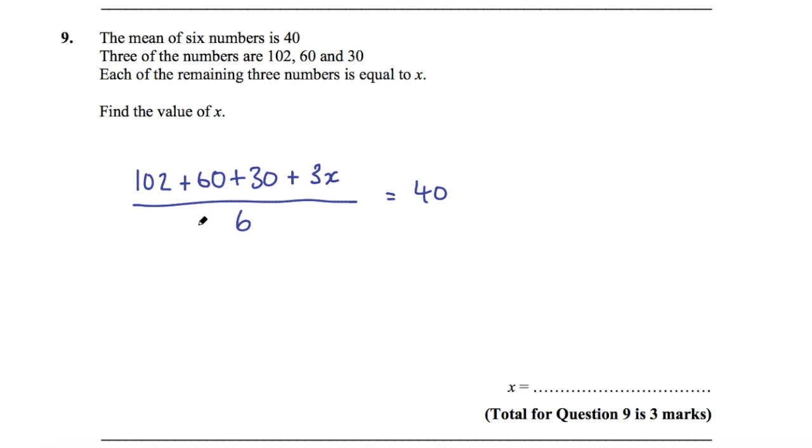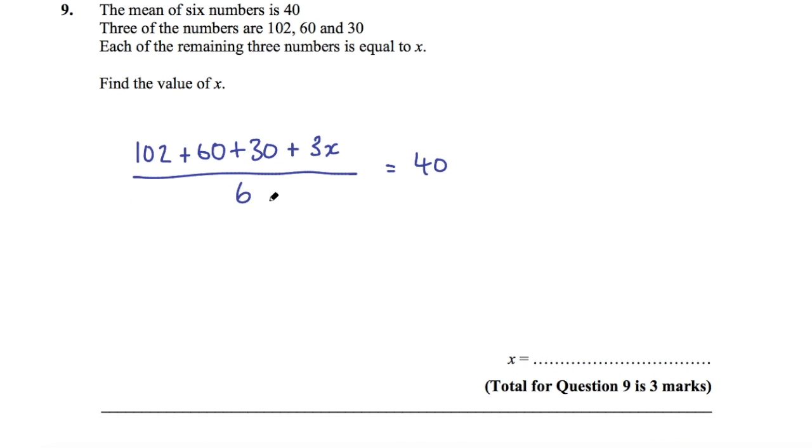So we've created the equation and now we just need to go ahead and solve for x. The first thing I do is multiply this side by 6 to get rid of this denominator here, and then add these numbers up.